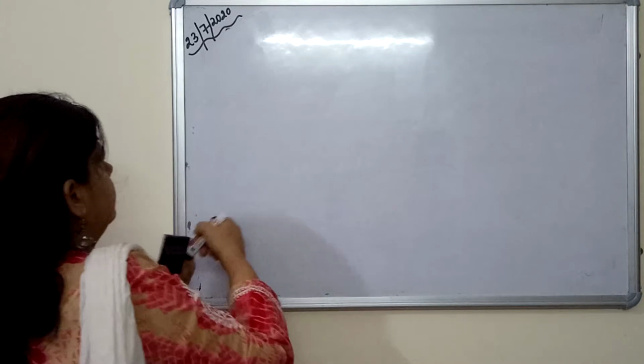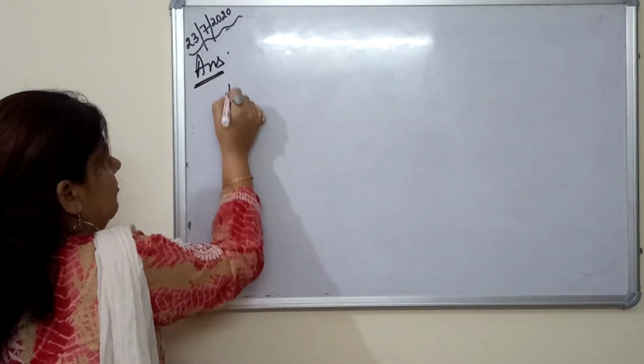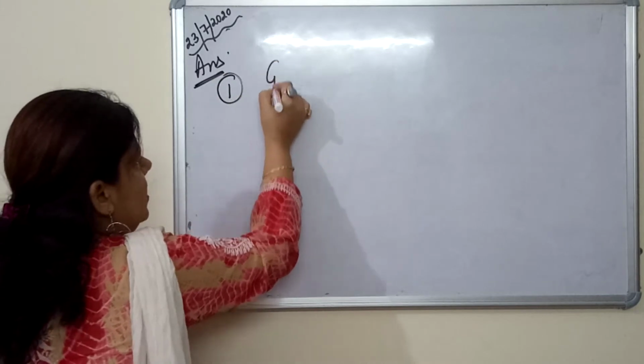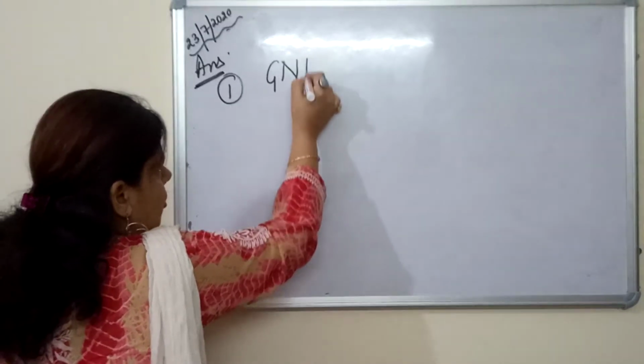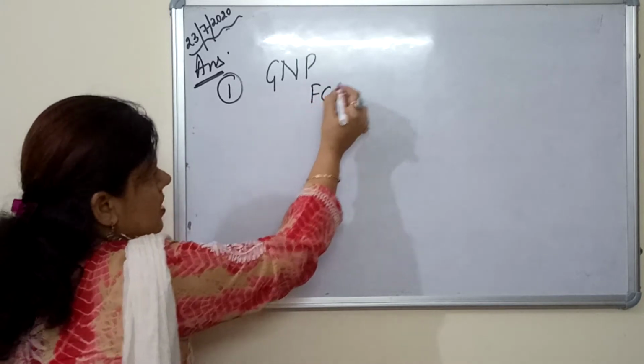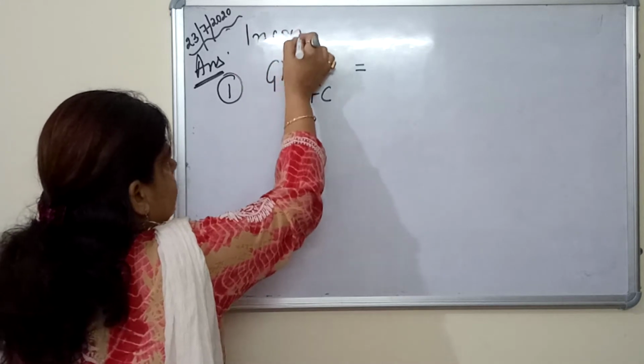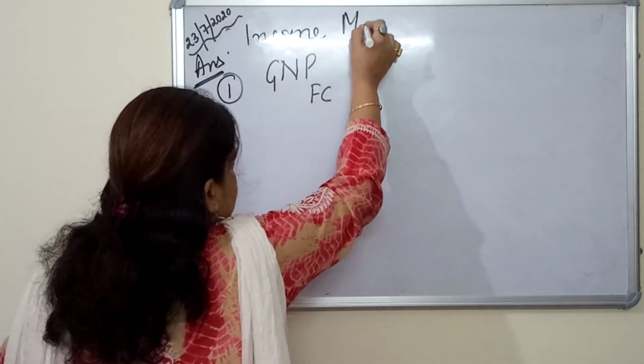What you have to calculate is gross national product at factor cost. This is the income method.